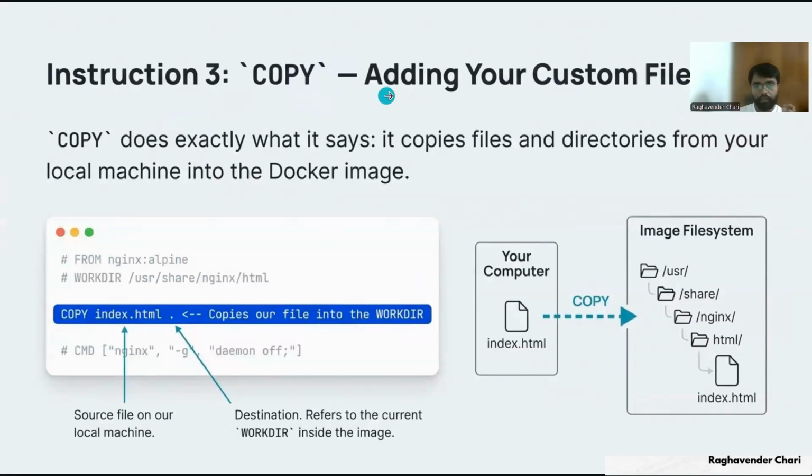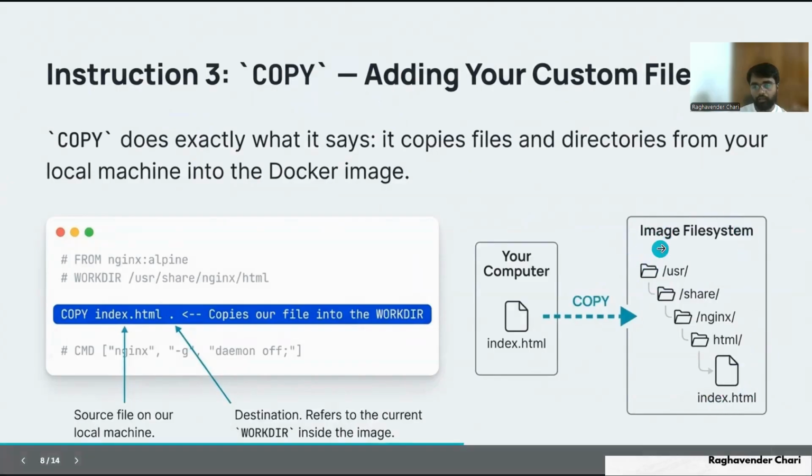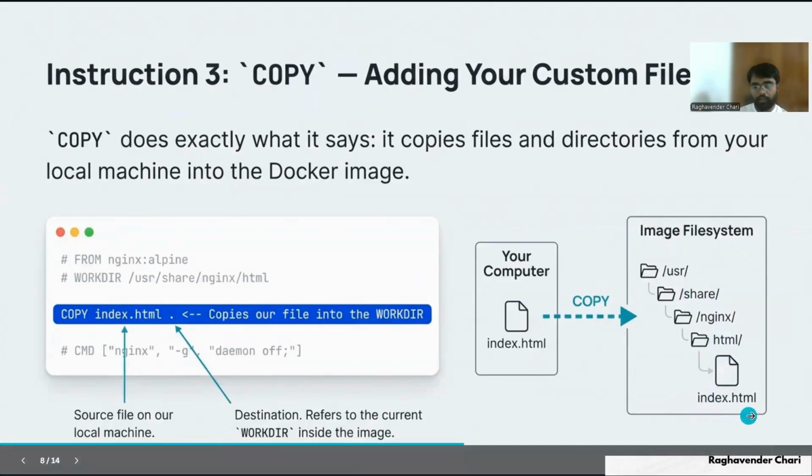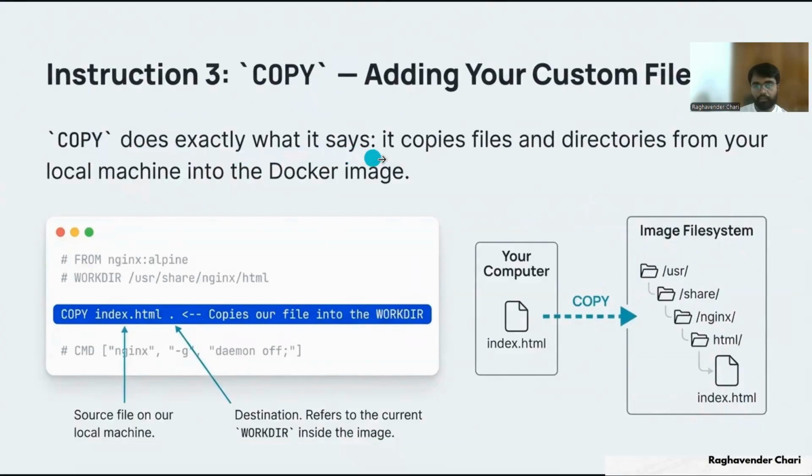COPY: adding your custom files. We only have the index.html here. See, here is the folder structure. In the image file system, the work directory we have mentioned is /usr/share/nginx/html, and in the html folder we have index.html.